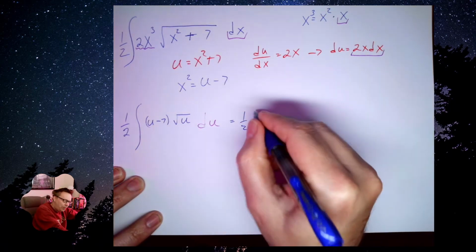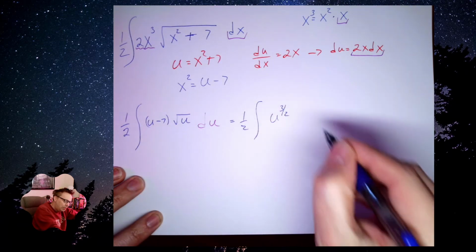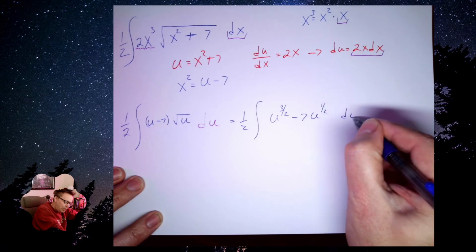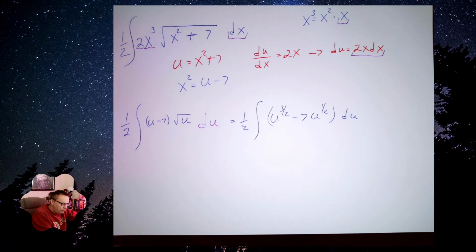The 1/2 is going to come along for the ride. Let's multiply this out. U to the 3/2 minus 7u to the 1/2 and du. Don't forget your parentheses here. Now I have a power rule problem.